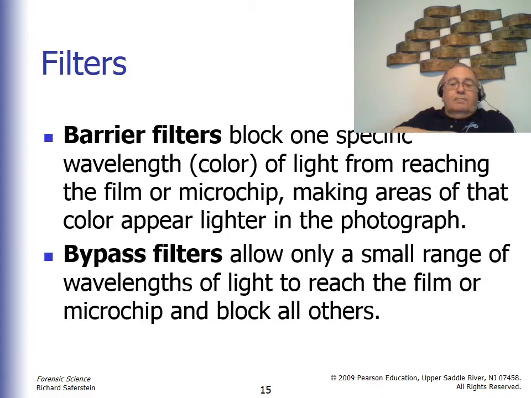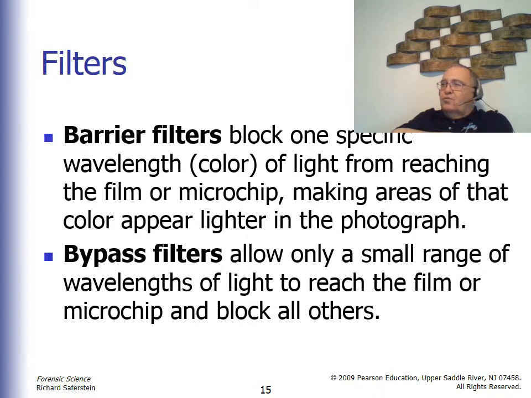One of the easiest ones to explain would be the infrared filter, where things that are white show black, and things that are black show white. Some people specialize in infrared photography as a hobby.